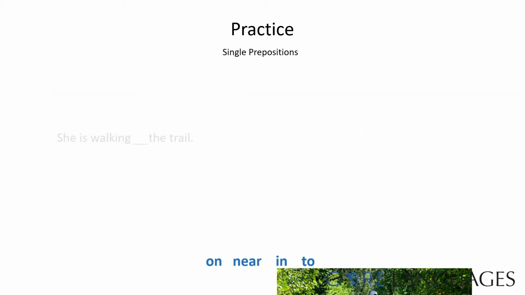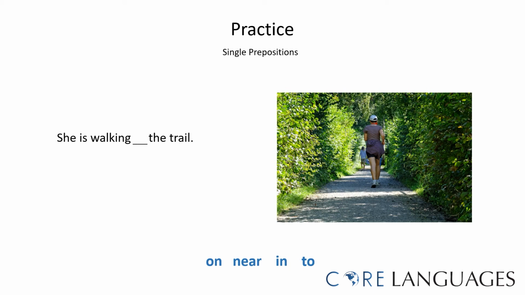And how about this sentence? She is walking on the trail, near the trail, in the trail, or to the trail. Look at the picture and try to choose the correct preposition based on context. The correct preposition would be she is walking on the trail.